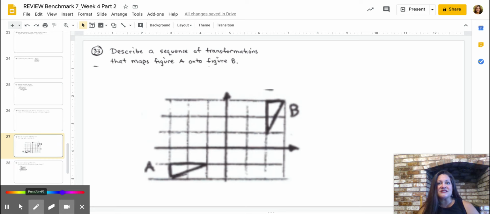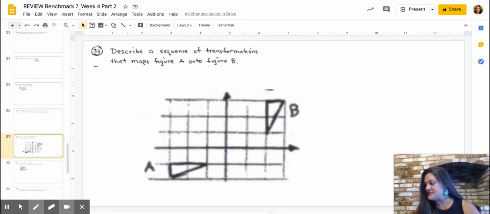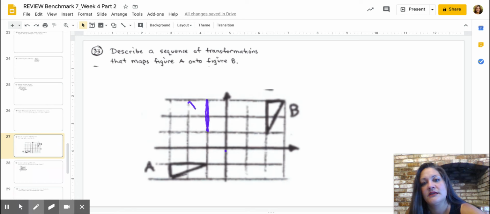The first thing is it's going to rotate around the origin. So, of course, this is the origin here. And if we were to rotate that up, it would put it here and there. So there is transformation 1.